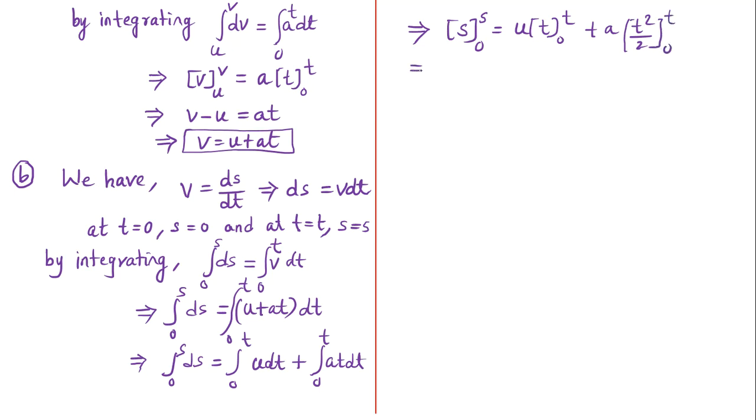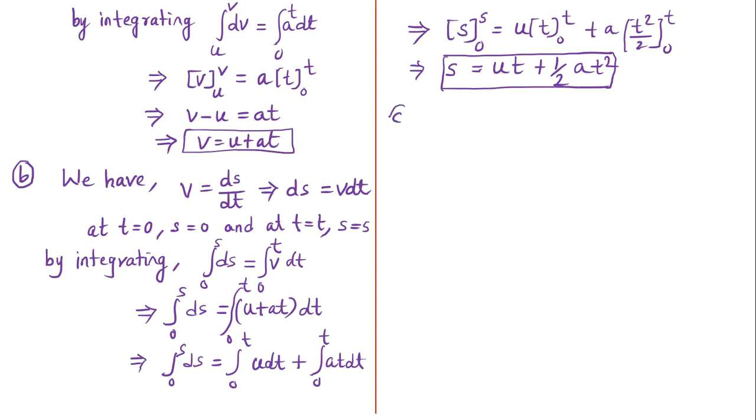Now open it. 0 to s means s is equal to ut plus half a t square. So s equal to ut plus half at square. This is the second equation.